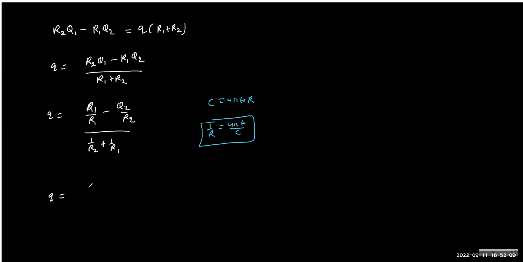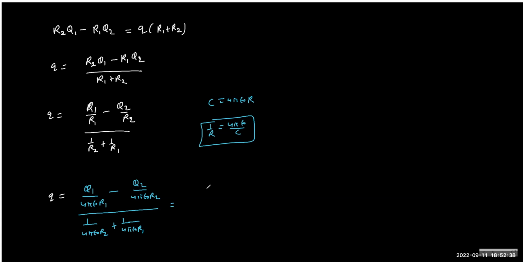It is up to you the way you want. So I'll just convert this. Q1 by R1 is Q1 times 4 pi epsilon naught R1 over... Q2 by R2 we can write as 4 pi epsilon naught R2, upon 1 by 4 pi epsilon naught R2 plus 1 by 4 pi epsilon naught R1.